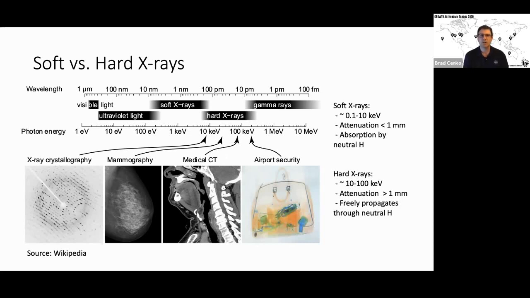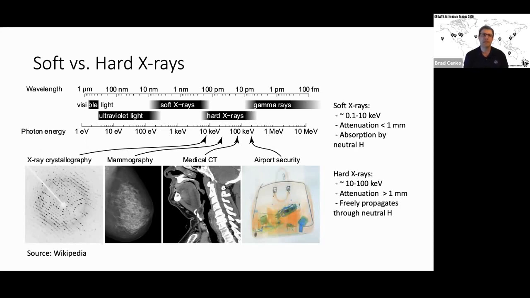There is no hard cutoff for this, but this is typically the range that's usually defined for what we call soft X-rays. And they're called soft X-rays because they attenuate quite rapidly in water in particular. So even pushing up to energies of 10 keV, they're only able to penetrate less than 1 millimeter through water.